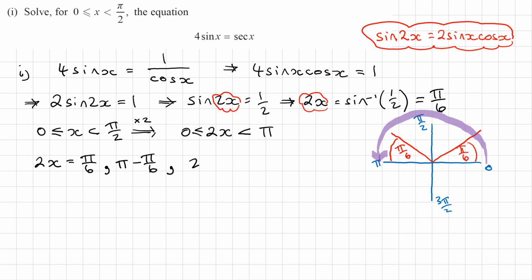So if we work that out, we've got pi over 6 and 5 pi over 6. Now that's what 2x is, so we need to divide by 2 to calculate x. So x will be pi over 12, and it will be 5 pi over 12. So that now represents our final solution to the original equation.